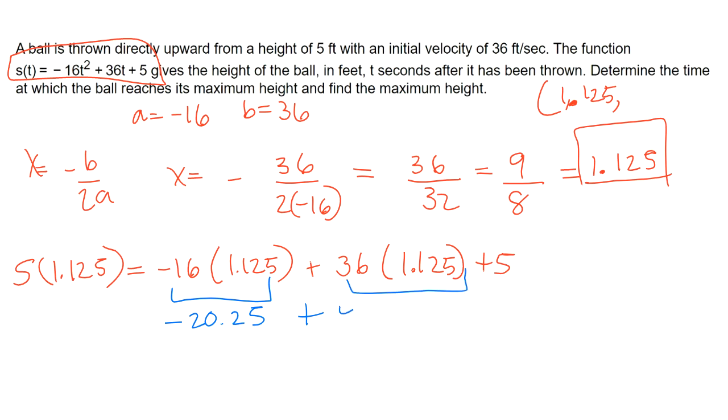Here I get 40.5, and +5 is +5, and -20.25 plus 40.5 plus 5 is 25.25.